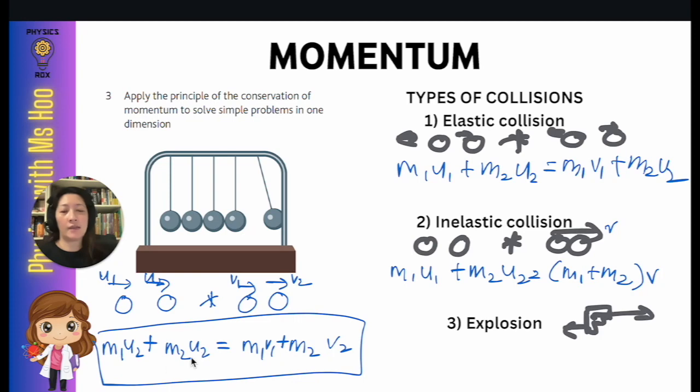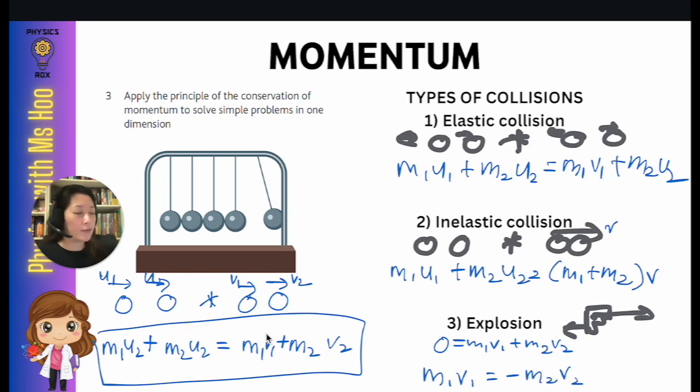So the left-hand side of this equation for an explosion would be 0, giving us 0 equals m1 v1 plus m2 v2. So if we rewrite this formula, you could get m1 v1 equals negative m2 v2. So this is the equation we can use for explosion. The negative here indicates that both objects are moving in opposite directions. Now, if you can't remember all these three different formulas, you just need to remember this formula and learn how to modify this to suit the situation in the question.